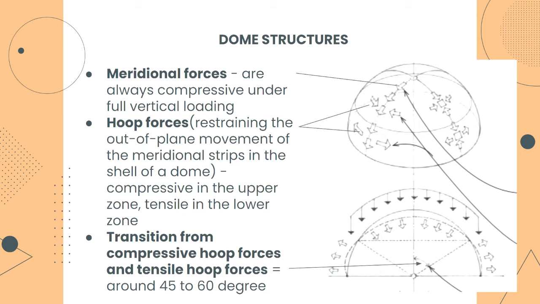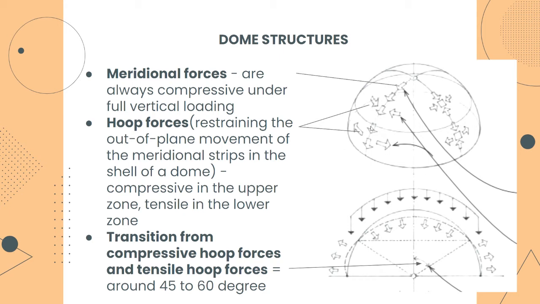Now we're going into more detail about the forces in a dome. We have meridional forces, hoop forces, and the transition from compressive hoop forces to tensile hoop forces. Meridional forces are always compressive under full vertical loading.